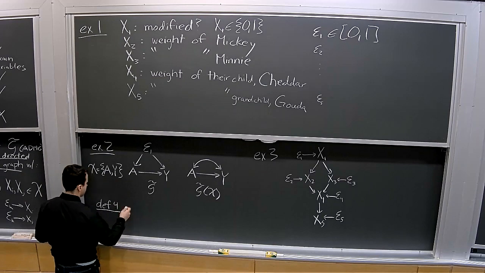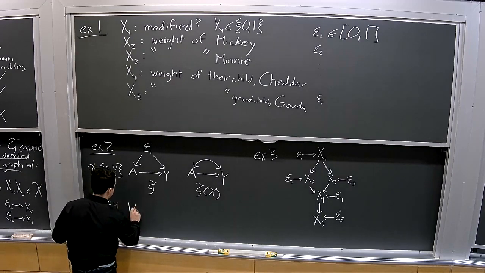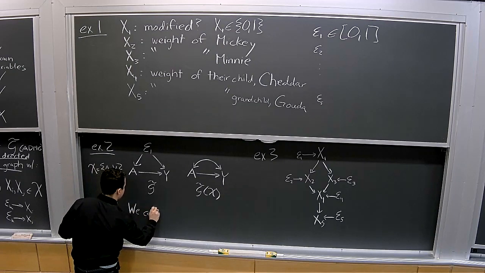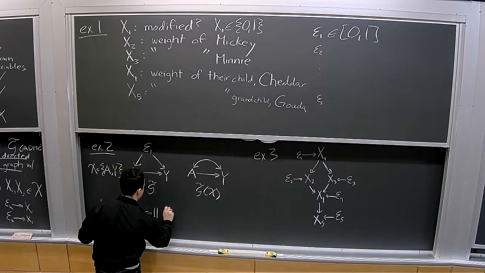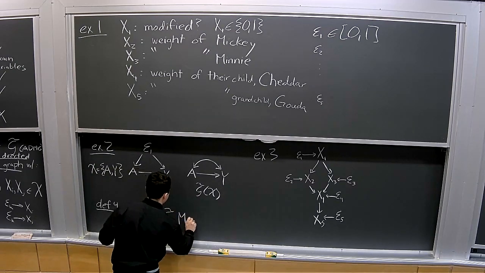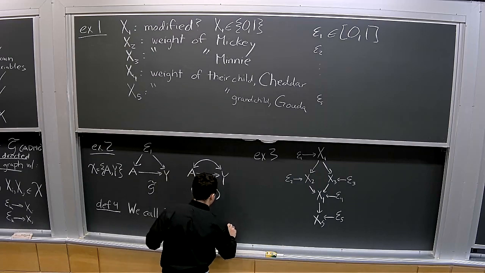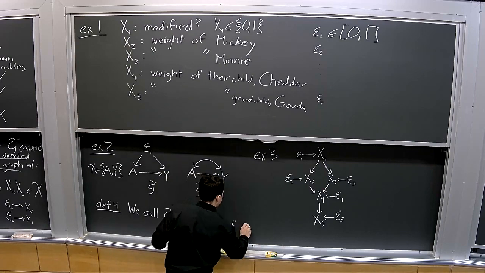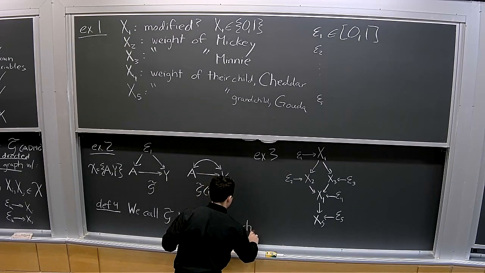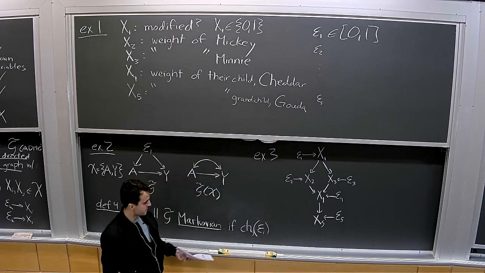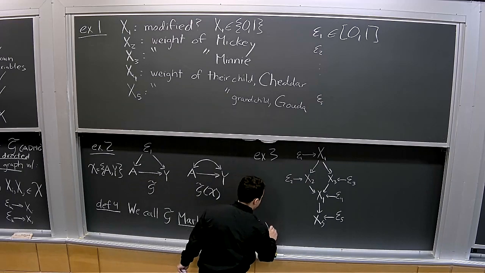We will call G tilde Markovian if the children sets for all of these exogenous variables have size less than or equal to 1.